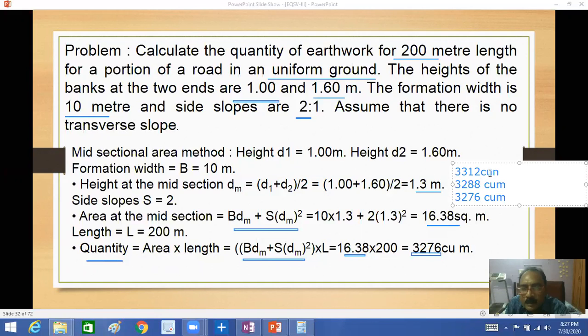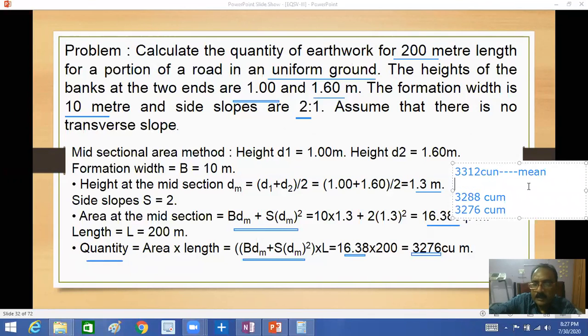This is the mean section, and this is the prismoidal rule. Now this is your midsection.